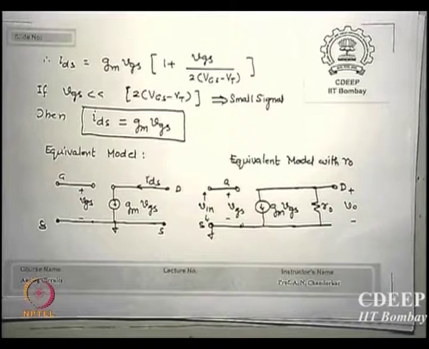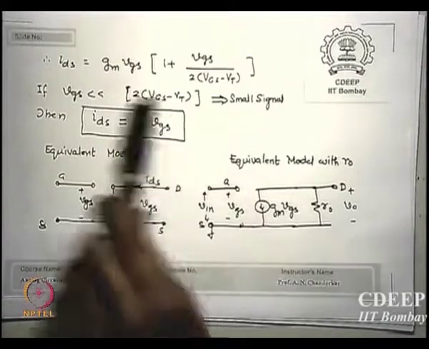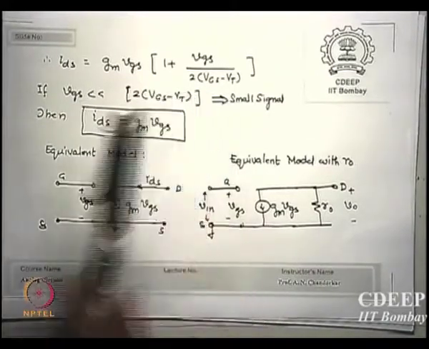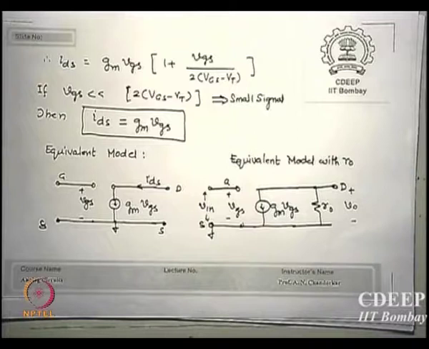That is what network theory is saying: I is equal to G times V. So I want that expression to appear. This can appear only when 2 (VGS minus VT) is larger than the AC signal, which is vgs. If you put some typical value, say VGS minus VT is of the order of 2 volt, then vgs should be much smaller than 2 volt.